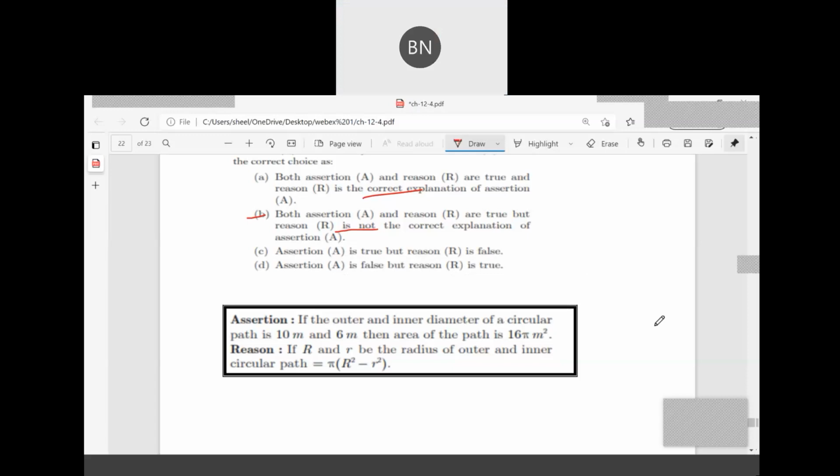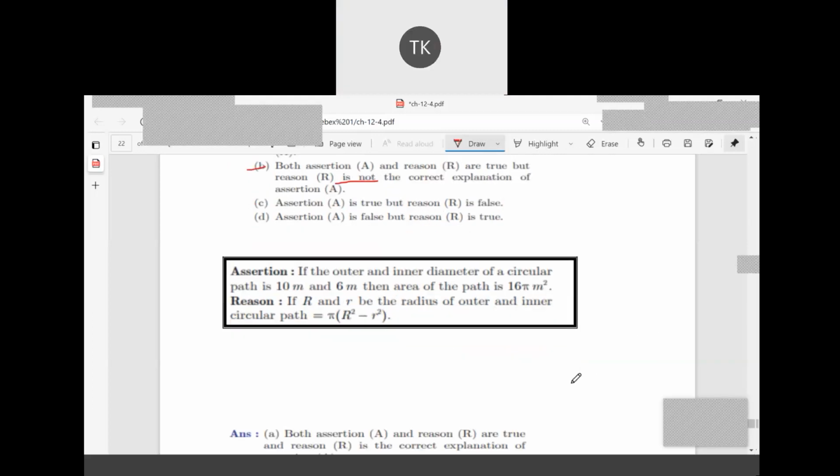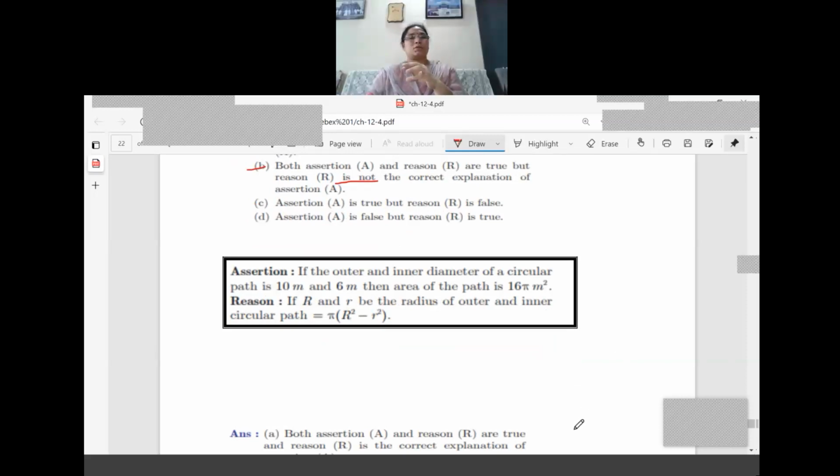What is the answer you are getting there? 4 pi. Wait, all of you. I think A is correct, ma'am. Diameter is given. You have to go for 5 and 3.